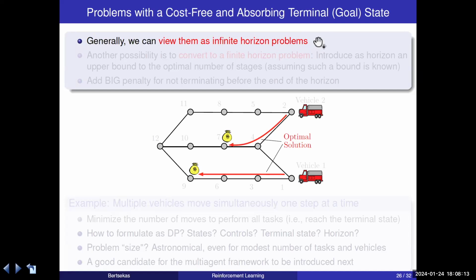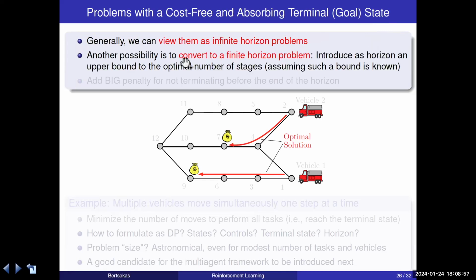You can do this transcription from finite horizon problems to infinite horizon problems by introducing an additional state corresponding to termination, to which once you transition, you just stay there forever and ever. So that's one possibility. Every problem that you are going to terminate within a finite number of steps, you can also view as an infinite horizon problem with an extra termination state, and then you can make use of infinite horizon ideas, infinite horizon algorithms.